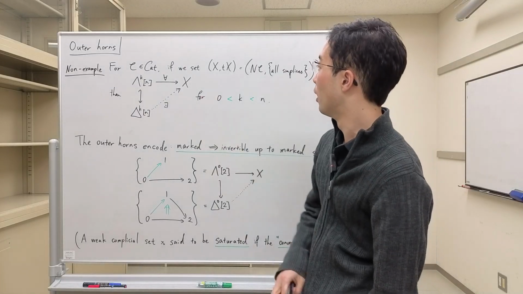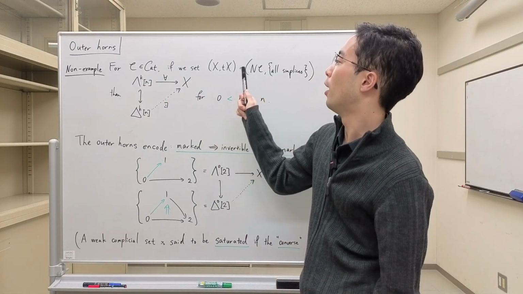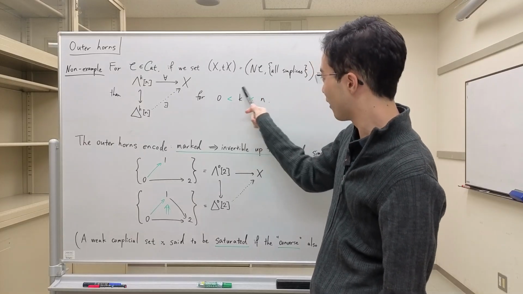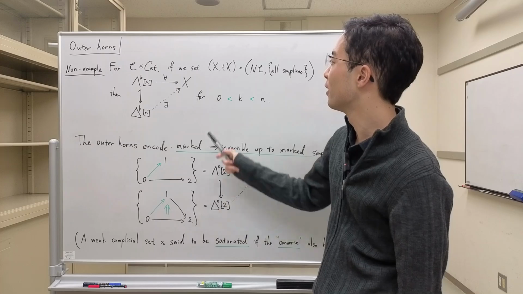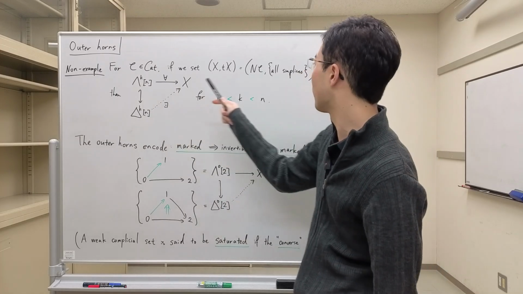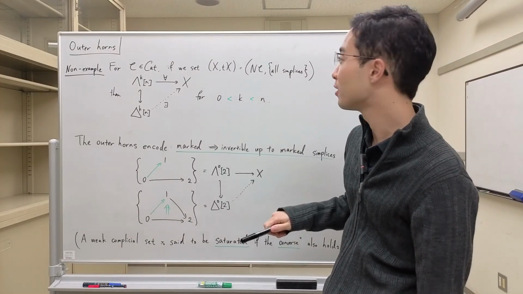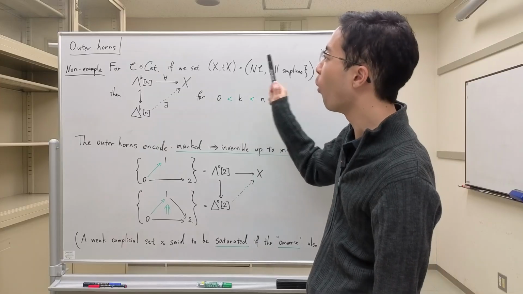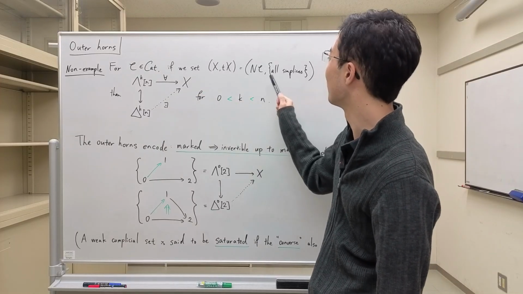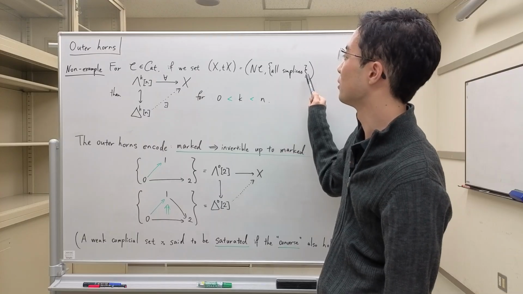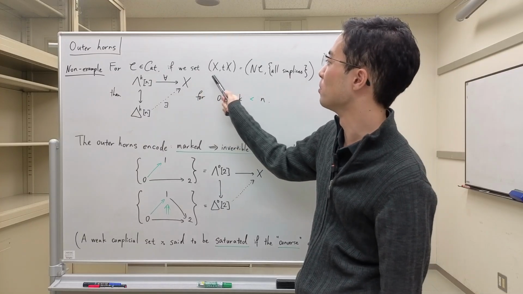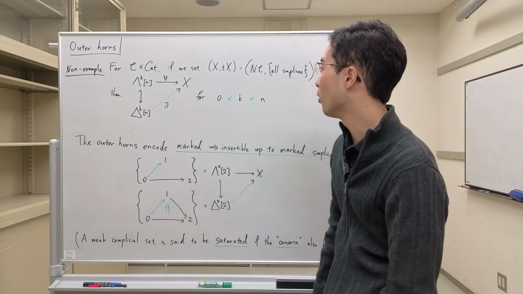So in this range, we can't see the fact that not all marked things are equivalences. We marked all the simplices, including the one simplices corresponding to the morphisms in this category C, which are not isomorphisms.